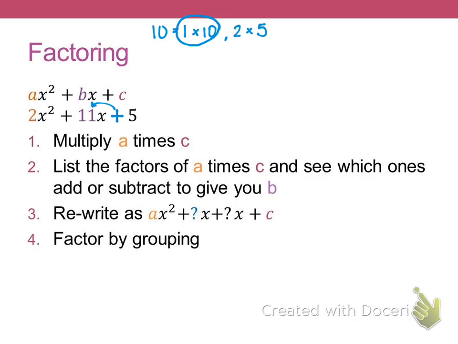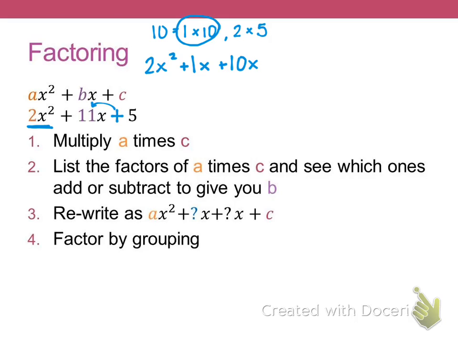You always want to start off with the very first term in your problem. That very first term is going to be 2x squared. I want to write that out. Now I'm going to use my terms, 1 and 10. I'm going to write plus 1x plus 10x.